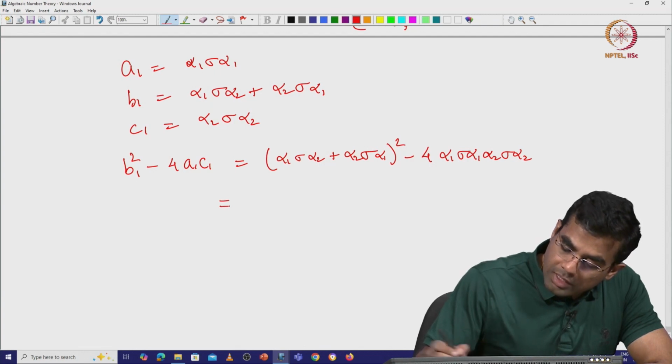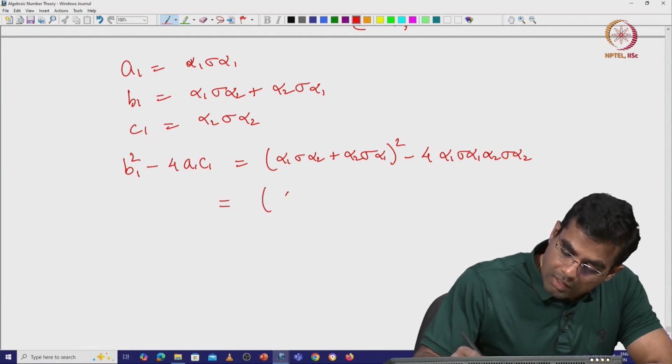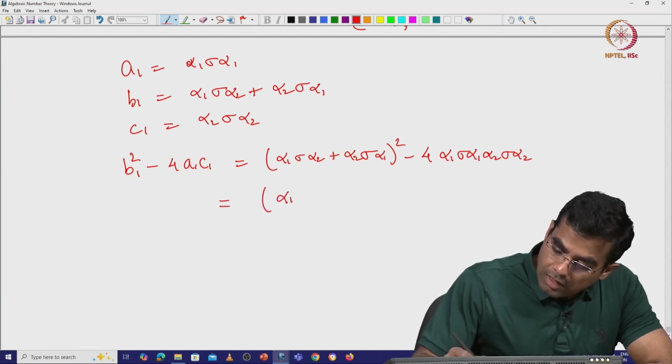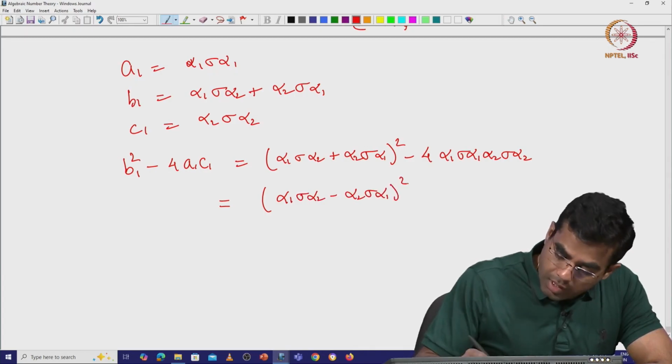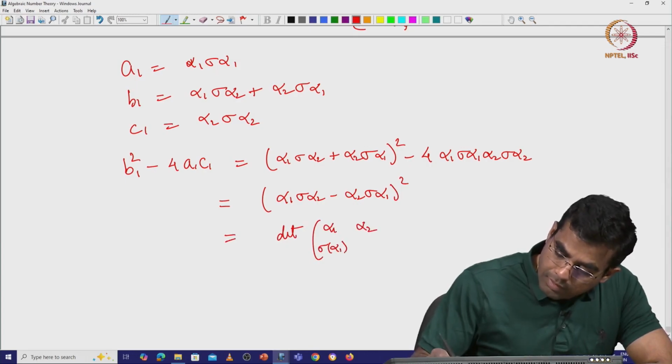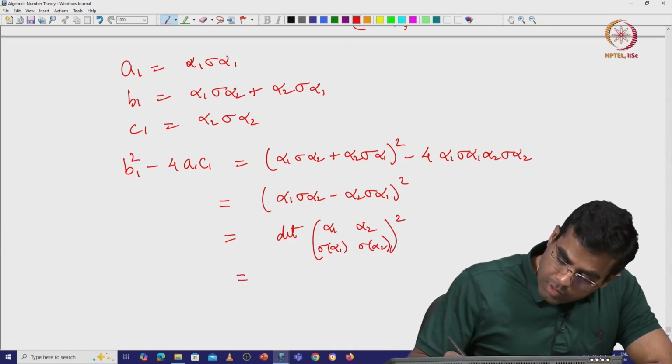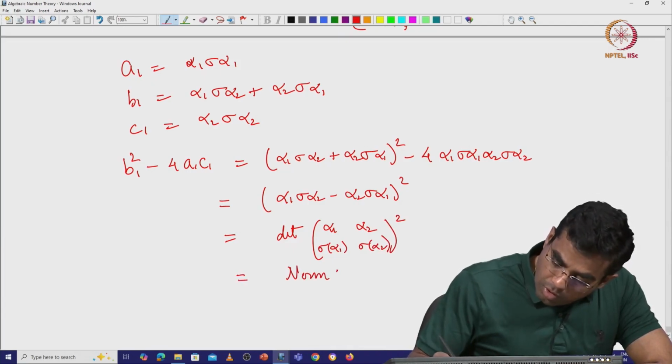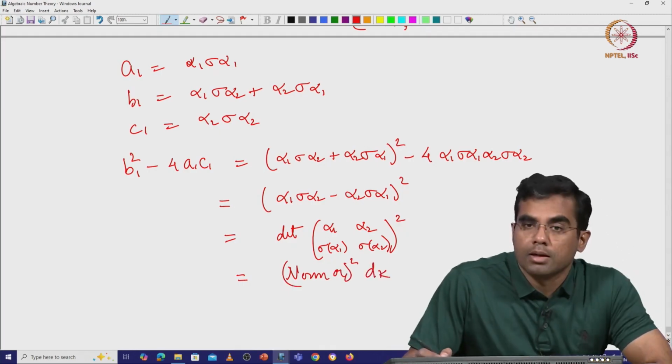If you rewrite the whole thing, you get alpha 1 sigma alpha 2 minus alpha 2 sigma alpha 1 squared, which is the same as the determinant of alpha 1, alpha 2, sigma alpha 1, sigma alpha 2, whole squared, which we know is the norm of A squared times dk.